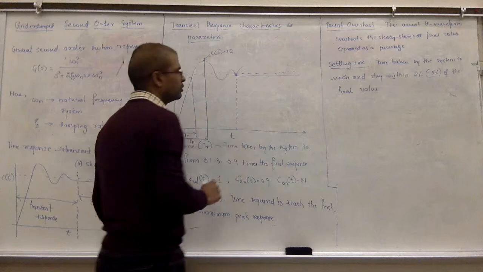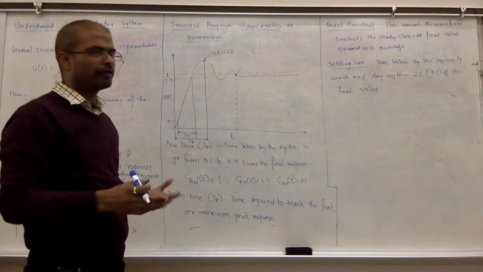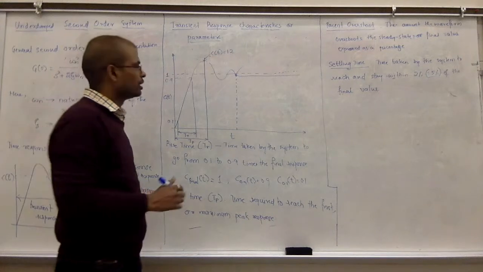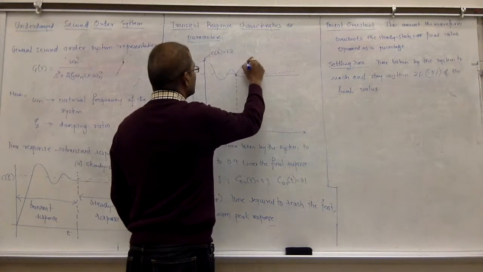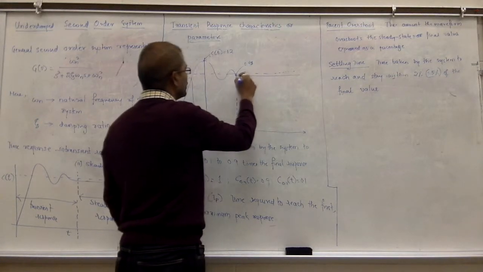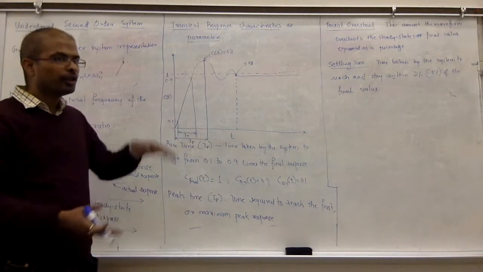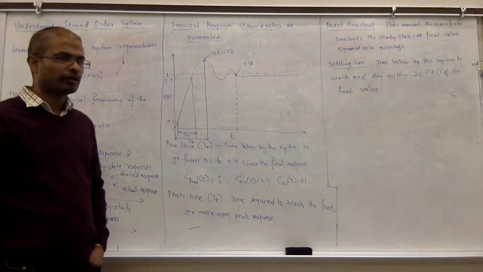You can assume it's 0.9598. Less than one. Okay? You can say 0.95 or 0.98, right? At this point, the system reaches within 2% of the final value.